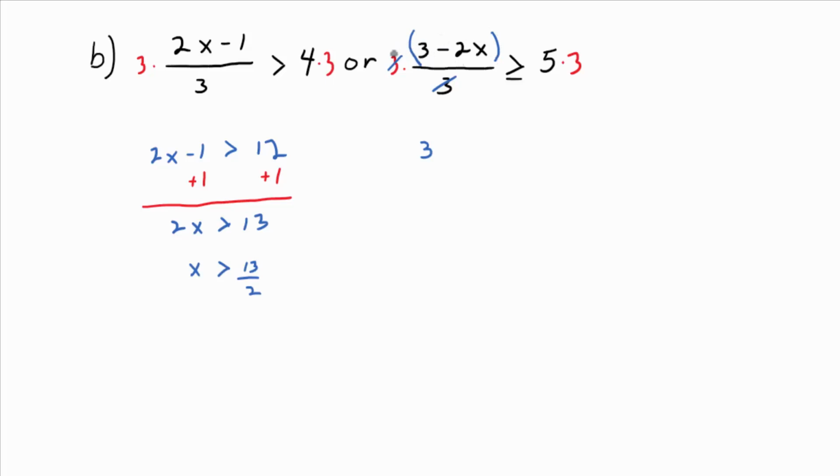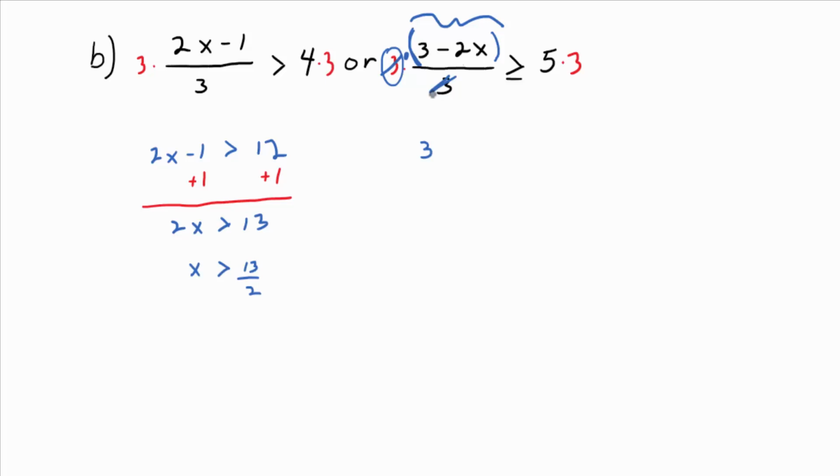So you don't have to worry about whether the 3 minus 2x is grouped in parentheses. It is. And the operation between the 3 here and this quantity is multiplication, and when that operation is multiplication, it's okay to divide like that. So you're just left with that numerator, aren't you?